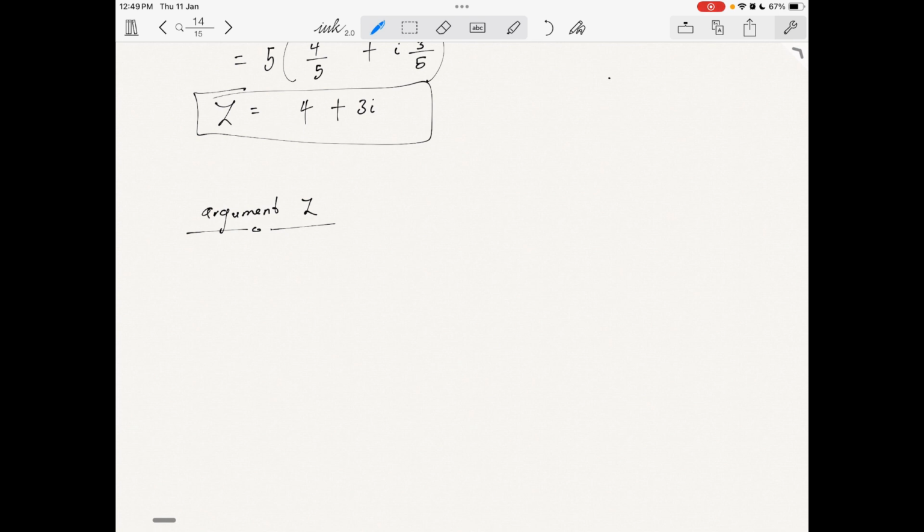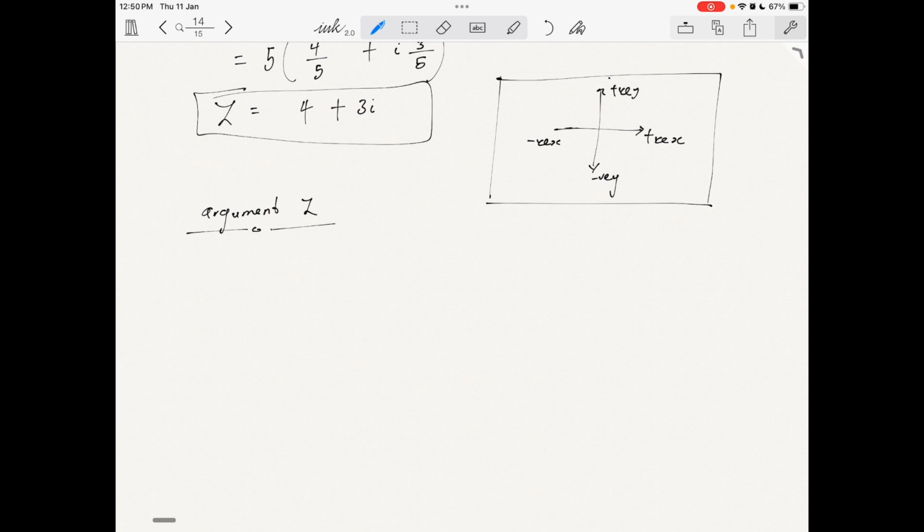And let's take a bit of a diversion. If we go from this direction, this is the positive x, this is the negative x, this is the positive y, and this is the negative y.